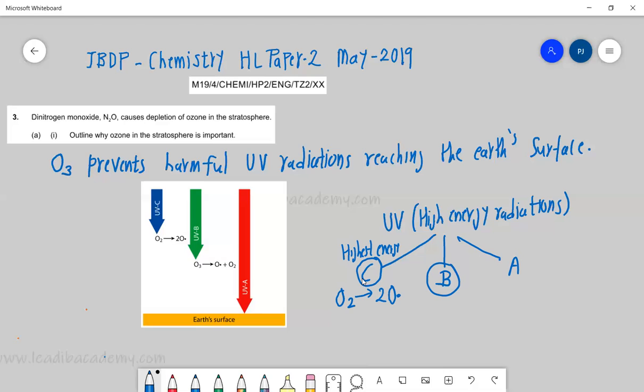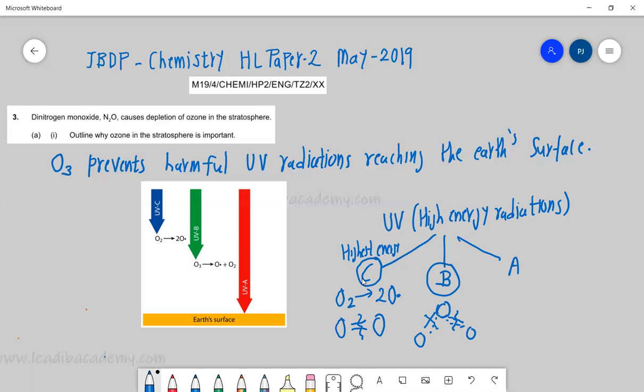The reason being that oxygen is double bonded, so you require higher energy to split, while in case of ozone, we know that it is basically a resonating structure. This is the resonating structure of ozone, so it is like a 1.5 bond.